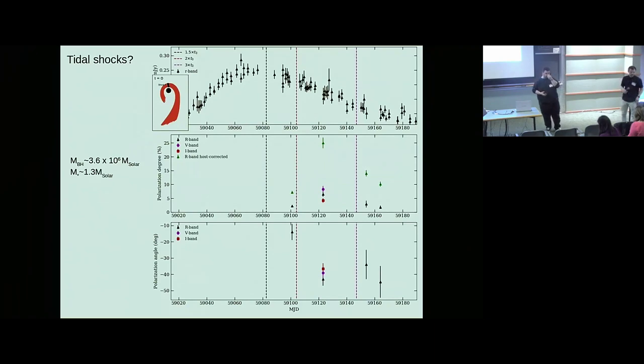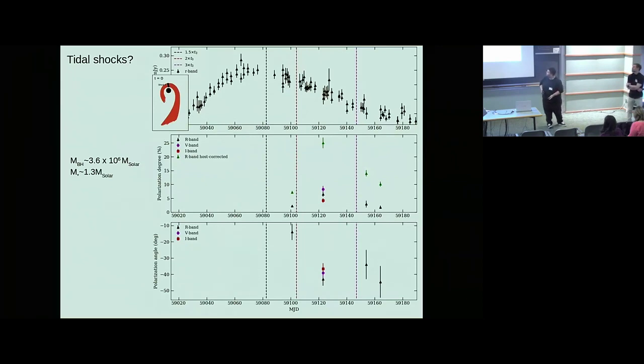So I also had a similar question as Short. You assume the host, meaning along the line of sight, has no polarization, right? And the host correction is what takes you from your black data point to the green data point, right?